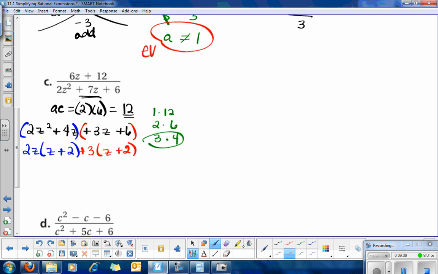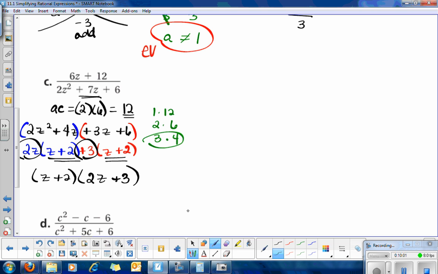So my two binomials will be those two. So we've got z plus 2 times 2z plus 3. So now we have our binomials.